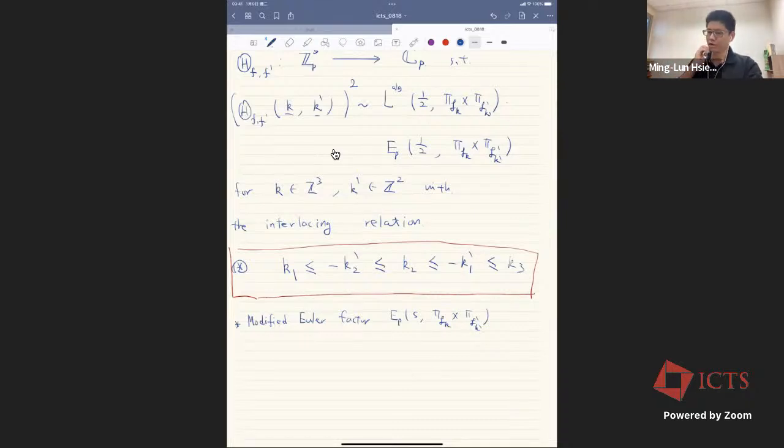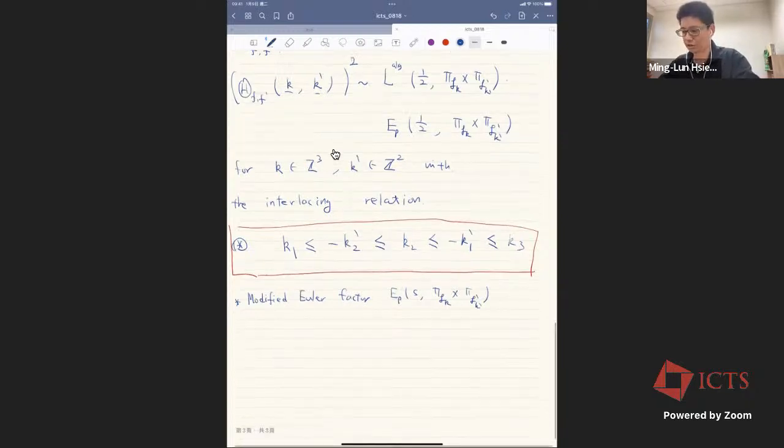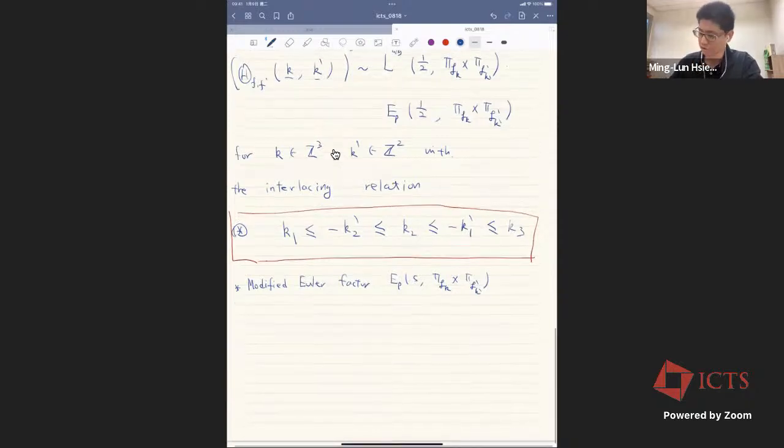So this modified Euler vector was introduced by Coates and Perrin-Riou, and it can be defined in terms of the datum of Galois representation associated with these automorphic representations.